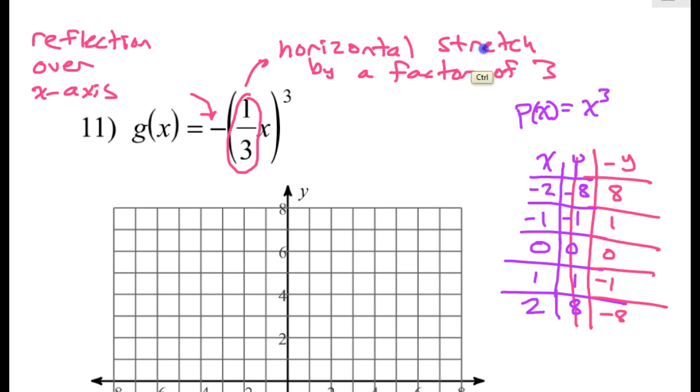Now I've got the horizontal stretch by a factor of 3. Well, horizontal stretch is going to affect the x values. Anything inside the function is going to affect the x values, and therefore we will need a new x column.